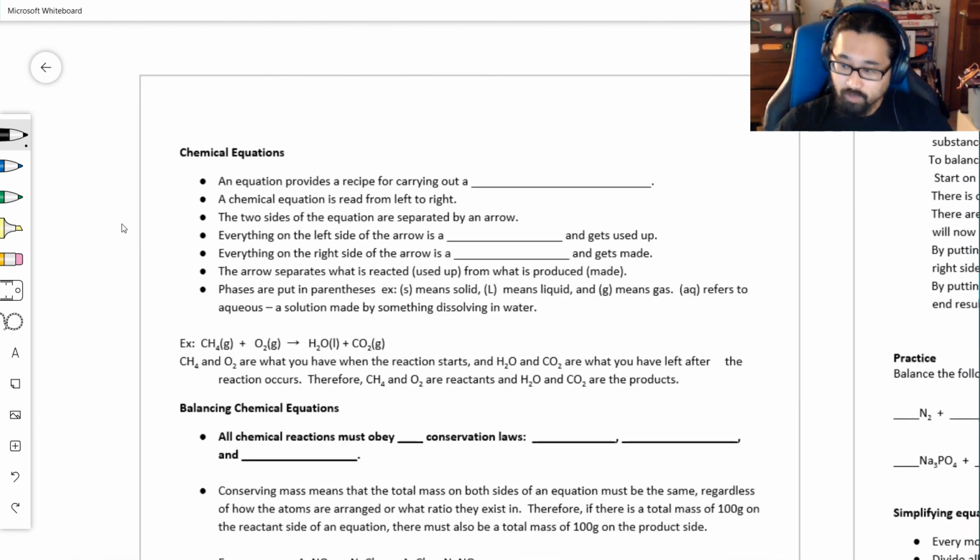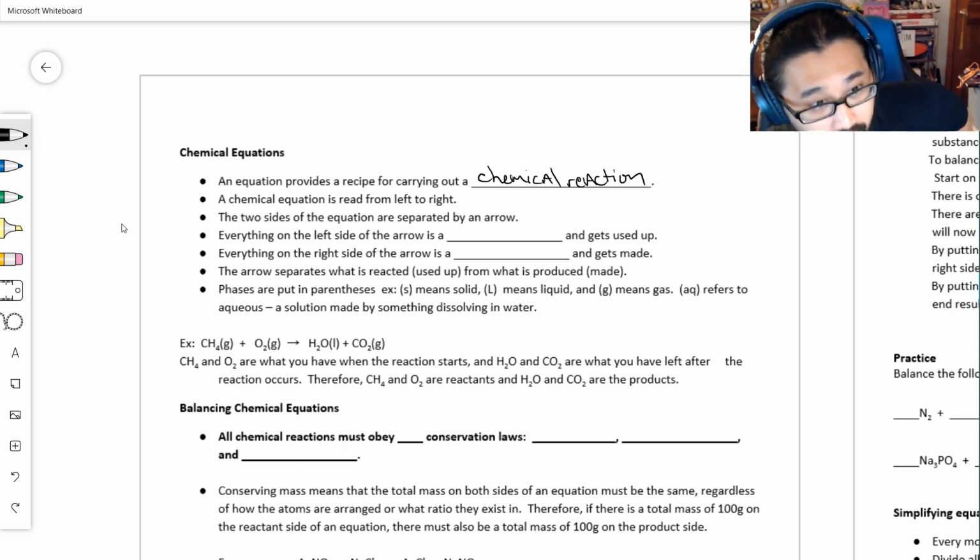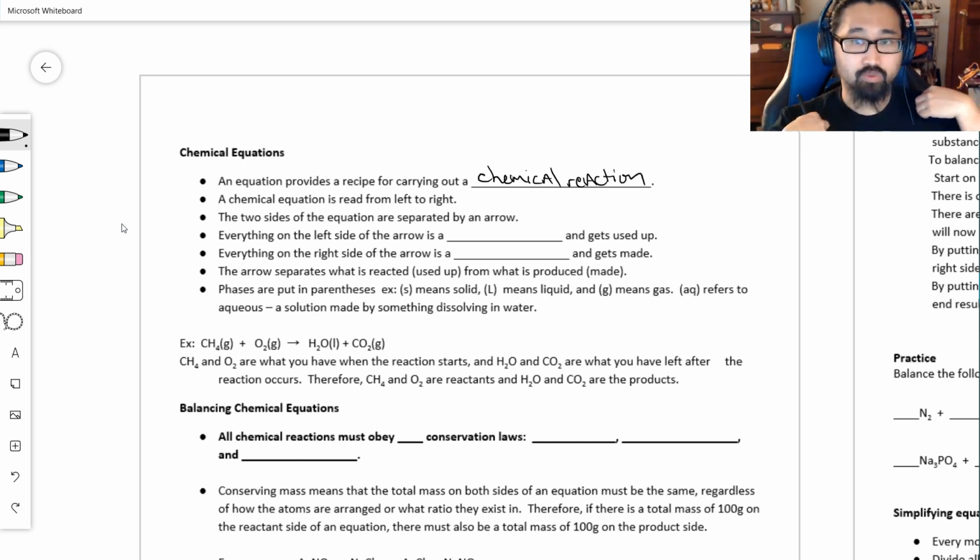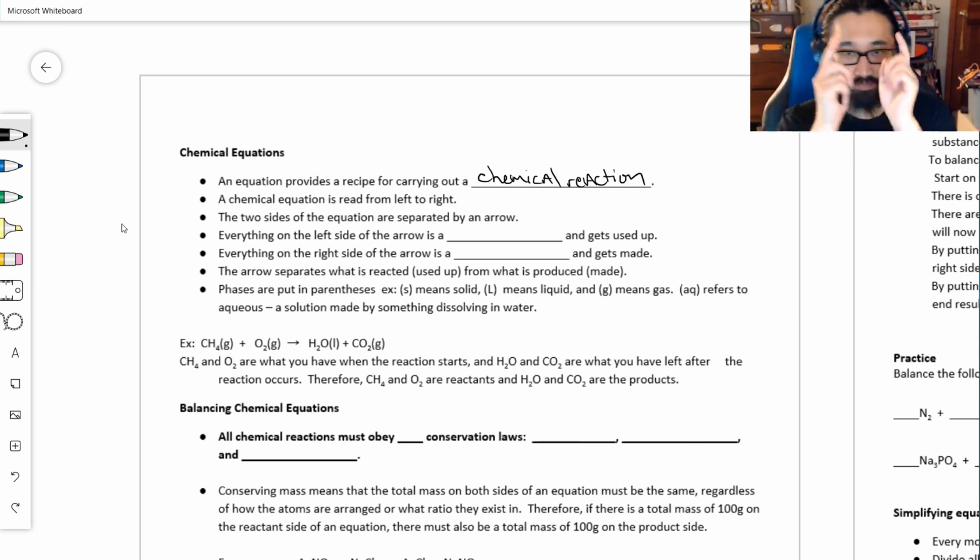Now, a chemical equation is something that gives us the recipe for carrying out a chemical reaction. Right? So chemical equations are things that we'll read from left to right. So we have something, arrow, something else. They're separated by an arrow.